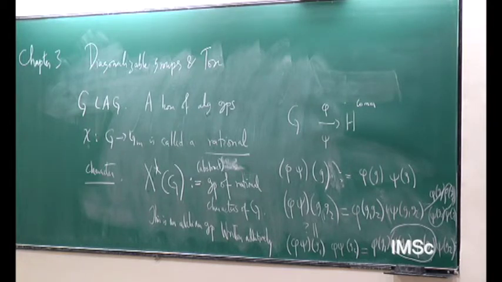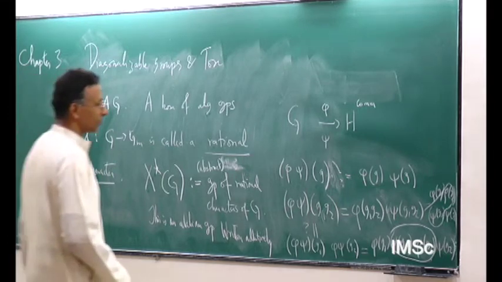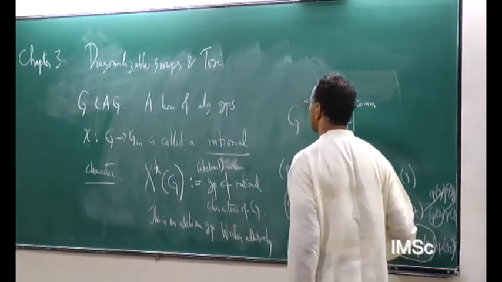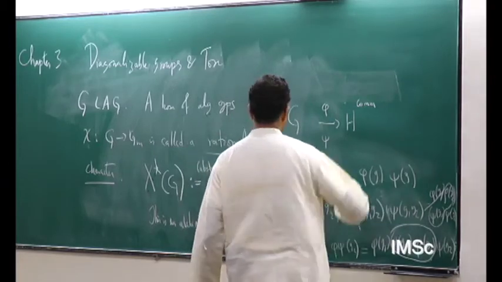So when we write chi1 plus chi2 of g, we mean chi1 of g times chi2 of g.